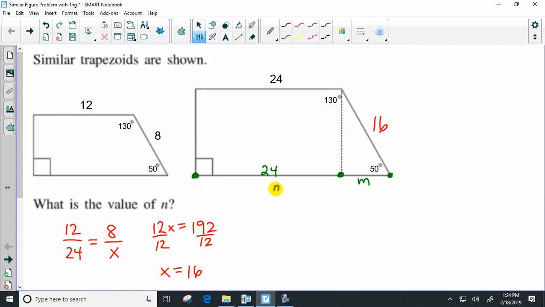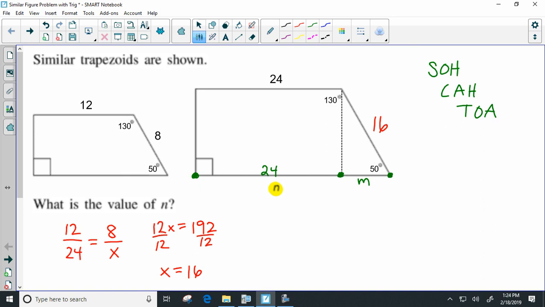I need to find the distance on that little section of that triangle. With that being said, I'm going to take that triangle and do my SOHCAHTOA. If you remember, way back when, we said if we knew an angle of a right triangle, I could do trigonometry, I could do SOHCAHTOA.